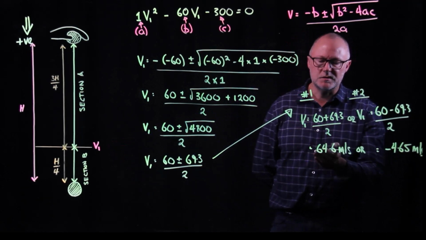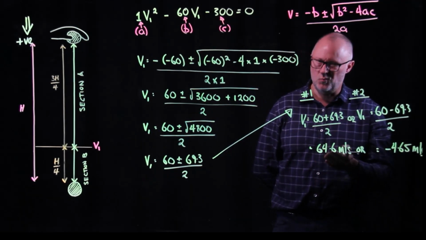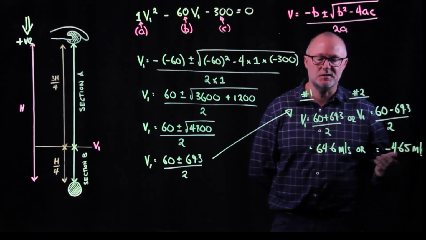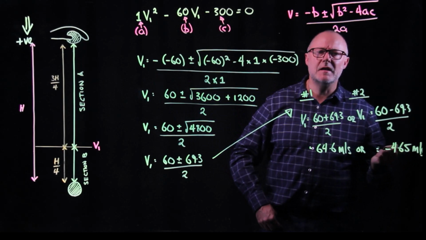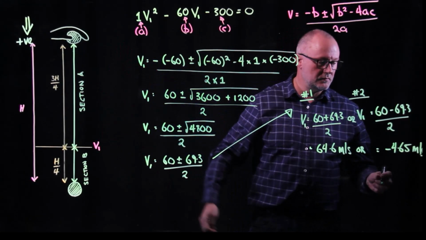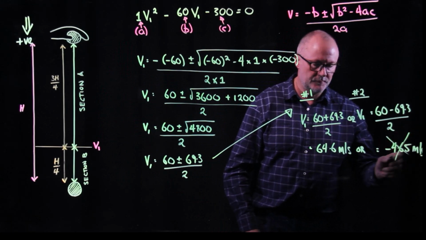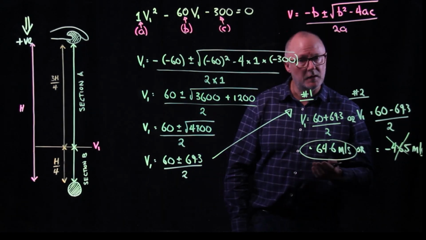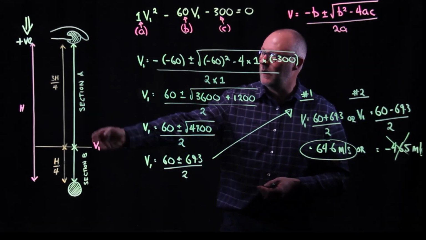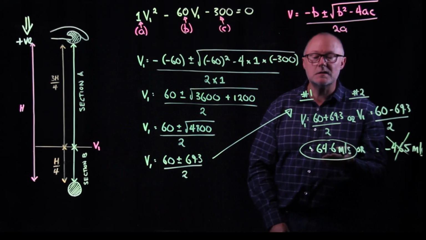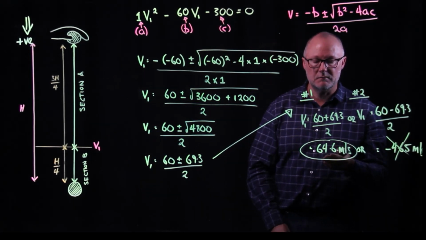Either v1 is equal to 64.6 meters per second, rounded, or v1 is equal to negative 4.65 meters per second, rounded. We can't have a negative velocity. The ball isn't accelerating downwards and suddenly going upwards. So this calculation has proven that velocity v1 at the end of section 1, and at the start of section B, will be 64.6 meters per second.